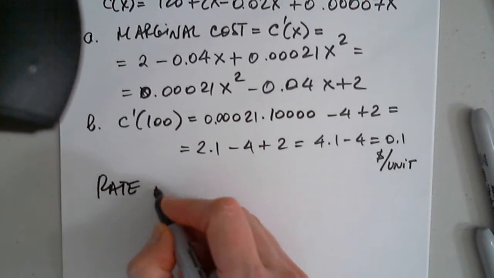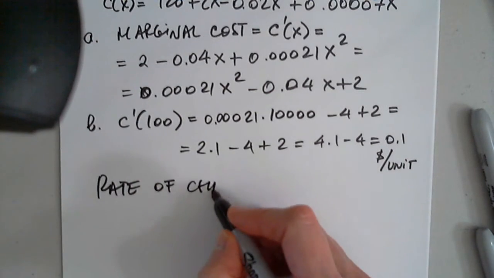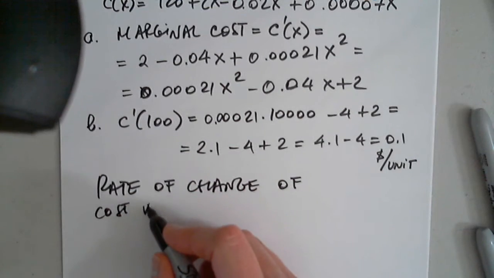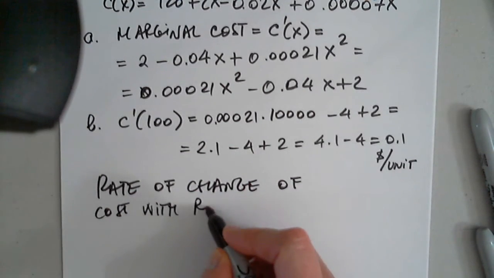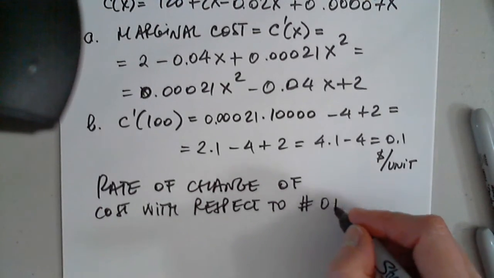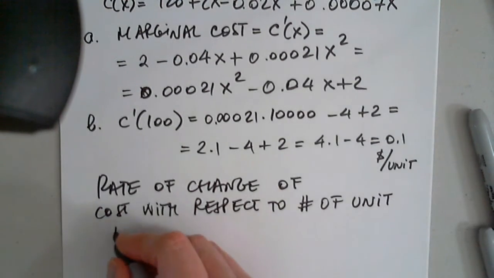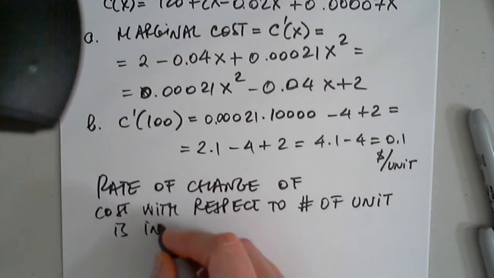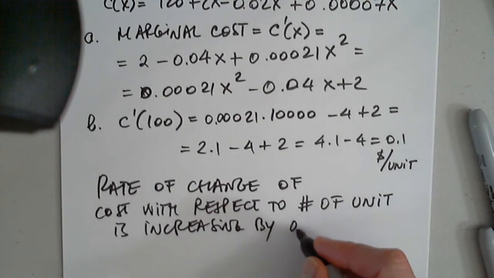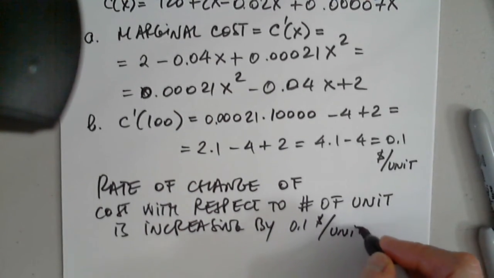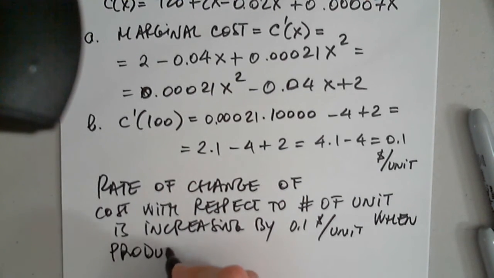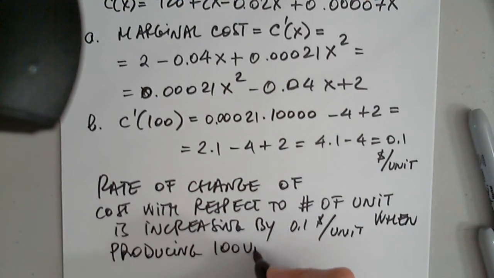Rate of change of cost with respect to number of units is increasing by $0.1 per unit when producing 100 units.